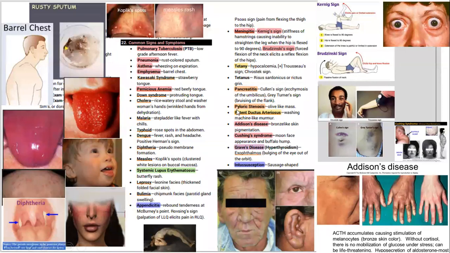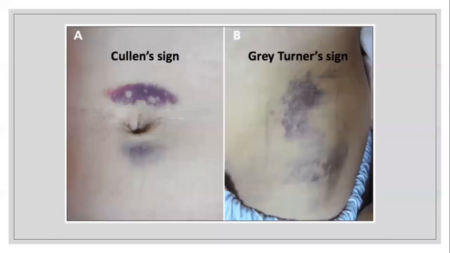The next one here is pancreatitis. Pancreatitis means inflammation of the pancreas. With inflammation of the pancreas, we can see two signs supposed to be positive. They are called Cullen sign and Grey Turner sign. So let me show you here.